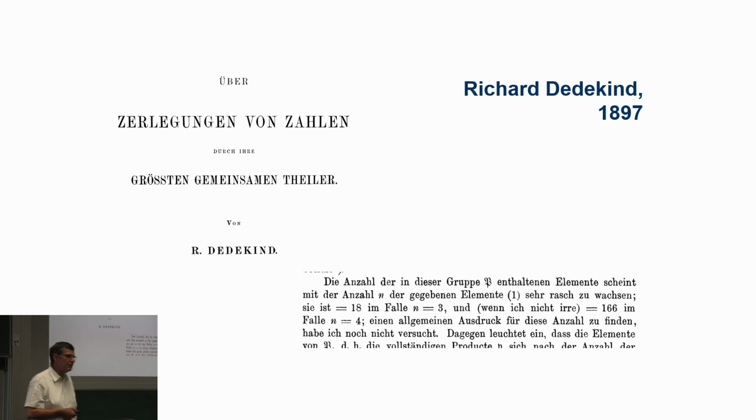I'll come back to the meaning of n in a minute when I describe the problem itself. But for n equals 3, so that's the third Dedekind number, it is 18. And wenn ich mich nicht irre, it is 166 in the case n equals 4.